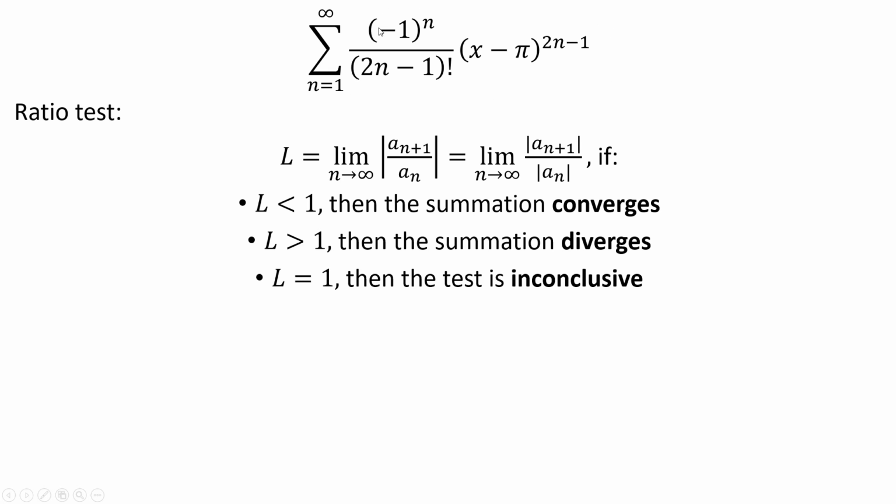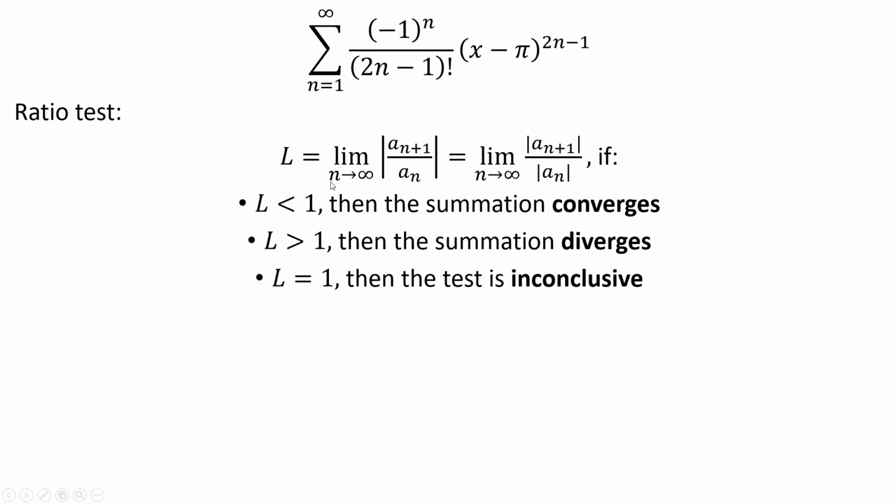So for example, a sub 5 would be the fifth term here. So when we replace the n's with 5, it would be negative 1 to the 5 over 2 times 5 minus 1 factorial times x minus pi to the power of 2 times 5 minus 1. So the fifth term of the sequence, right? A sub n is this expression here without the summation, simply put.